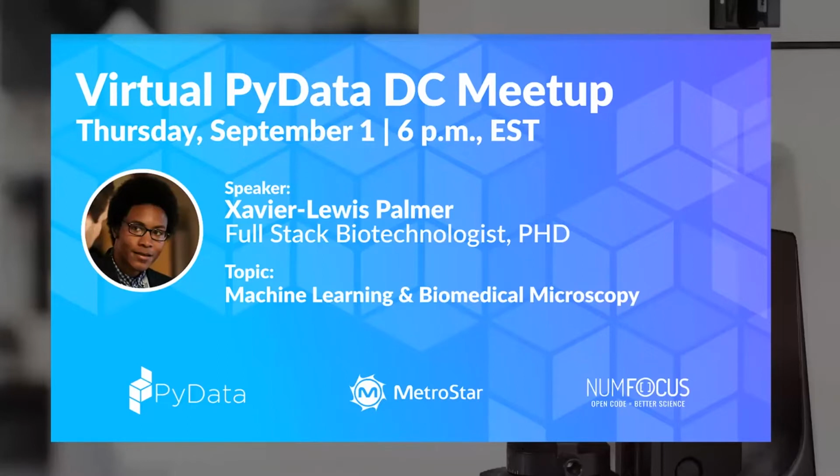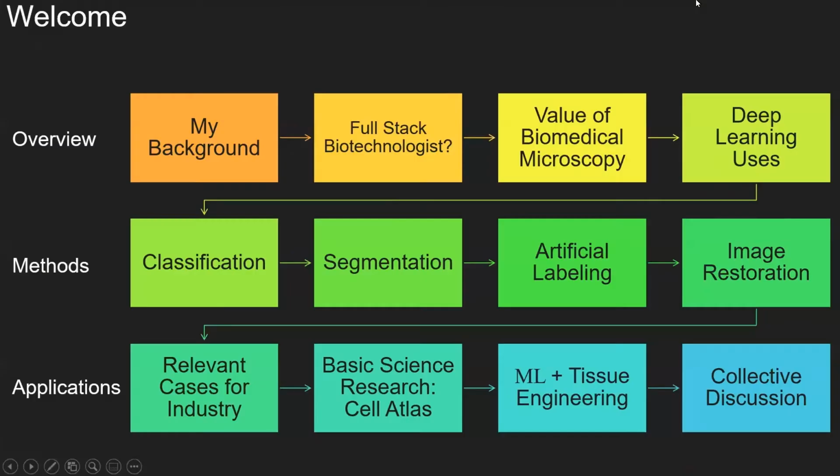All right. Good evening, everybody. Pleasure to speak with you all. I want to give you all a talk on machine learning and biomedical microscopy. This talk will be broken into 3 parts: an overview, discussion of methods, techniques, and applications.